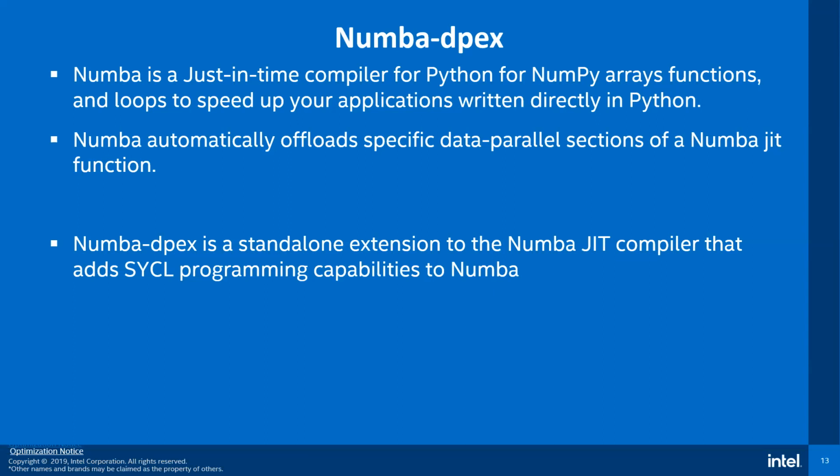With that, I was talking about Numba before, but just for background, Numba is an open source NumPy-aware optimizing compiler for Python. It works best when you're using NumPy arrays or functions, and if you have lots of loops, Numba is a good candidate.